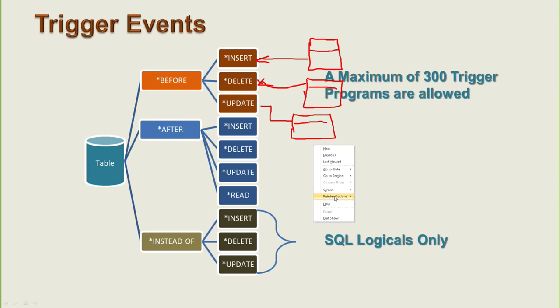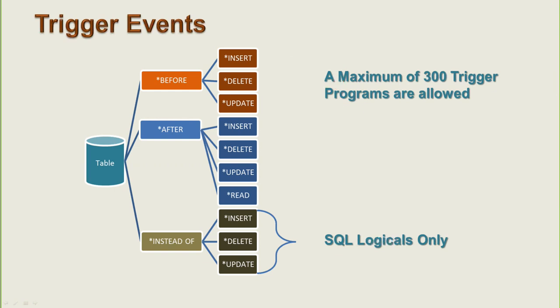Now, I usually create a single program as a before trigger, BT, for each one of these events. So each one of these events is linked to a single program. I have a single program that caters for all three before time events.